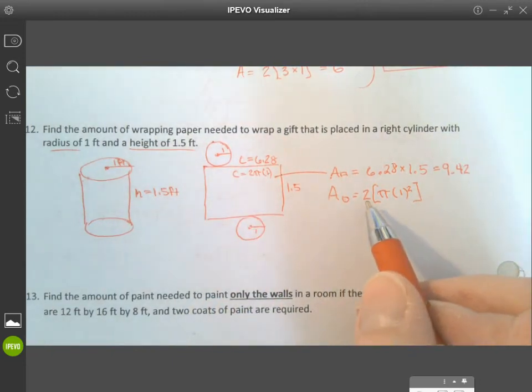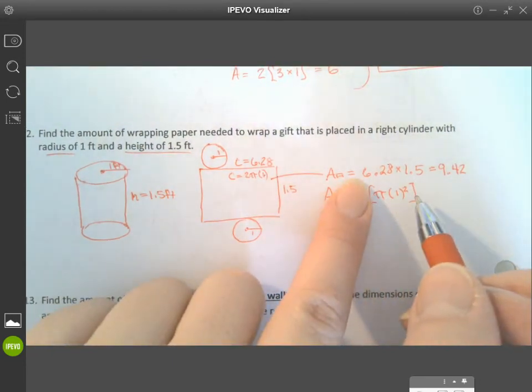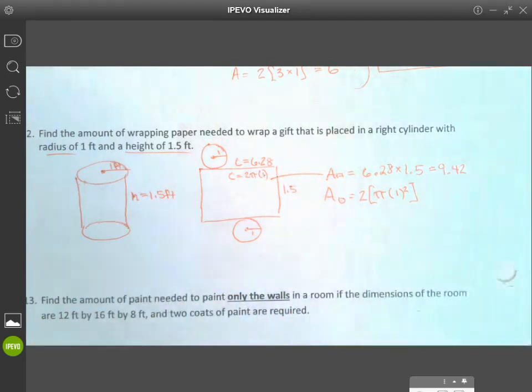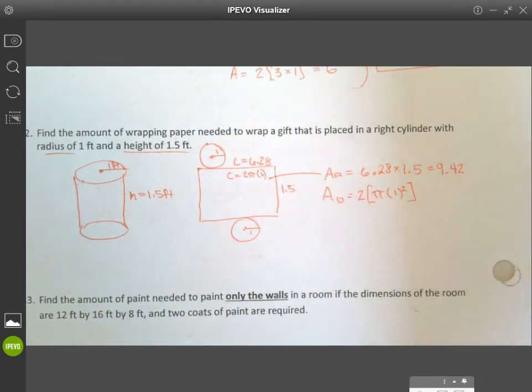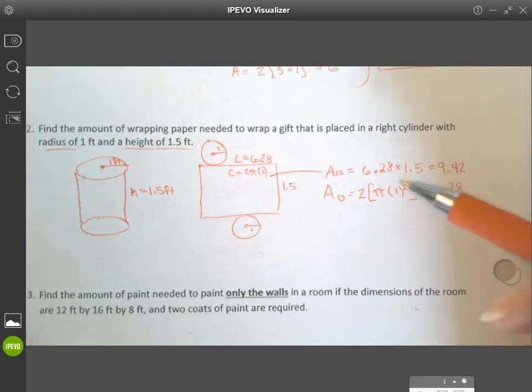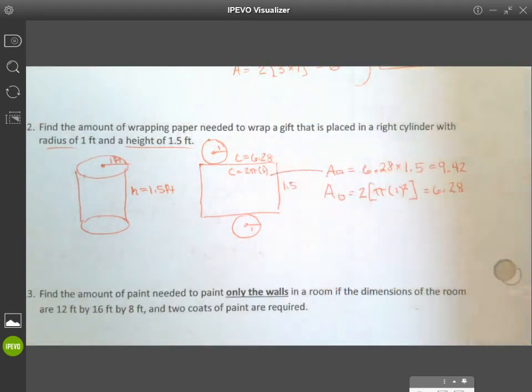And the reason I have the 2 here, the area is pi r squared, but I have 2 circles. So I don't want you to confuse that with circumference. All right, so what do we get here? This is also 6.28. It just happens to be the same because I have 2 circles. So the area is 3.14, but 2 of them gives me 6.28.